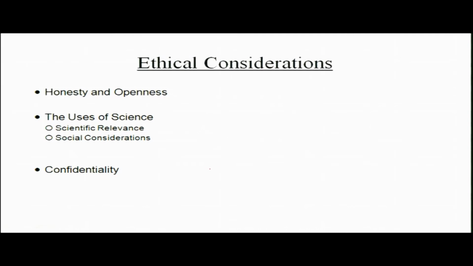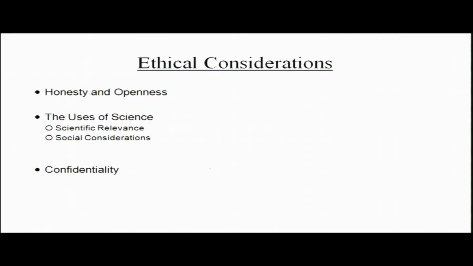I just want to emphasize here that this is something that cannot be ignored. So please do some additional readings on the ethics of social science research, particularly with respect to honesty and openness when you're dealing with human subjects as your research subjects.